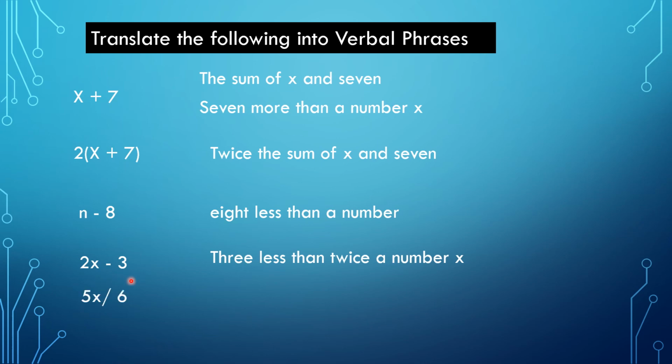Okay, what about this one? 5x divided by 6. That is, you can also say 5 times a number divided by 6. Or you can say the quotient of 5x or 5 times x divided by 6.